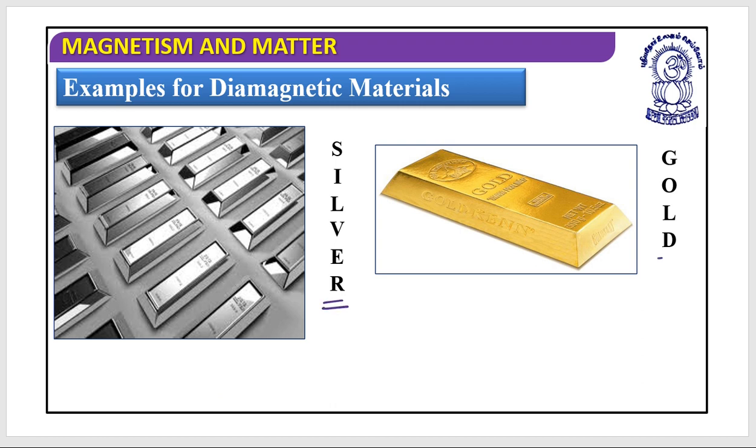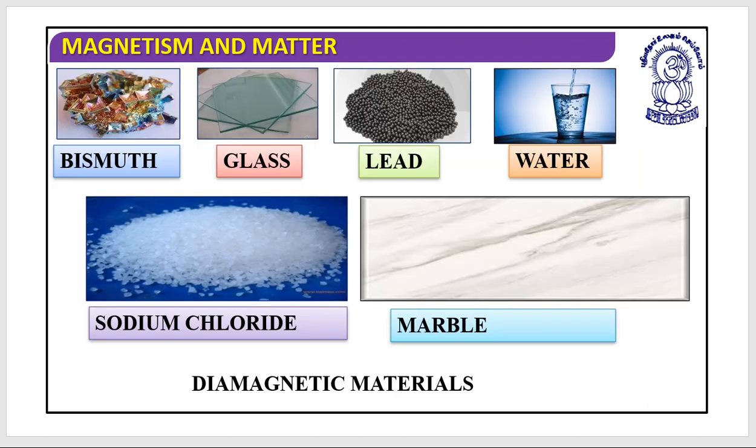Silver and gold are diamagnetic substances. A few more examples are bismuth, glass, lead, water, marble, and sodium chloride. All these are examples of diamagnetic materials. I hope this is clear.